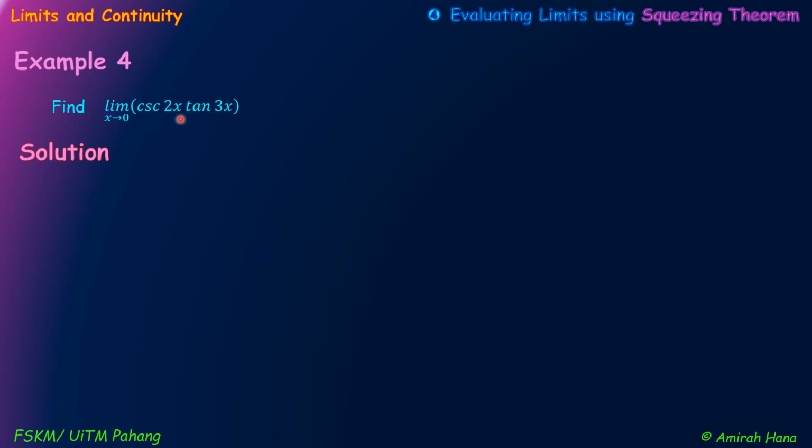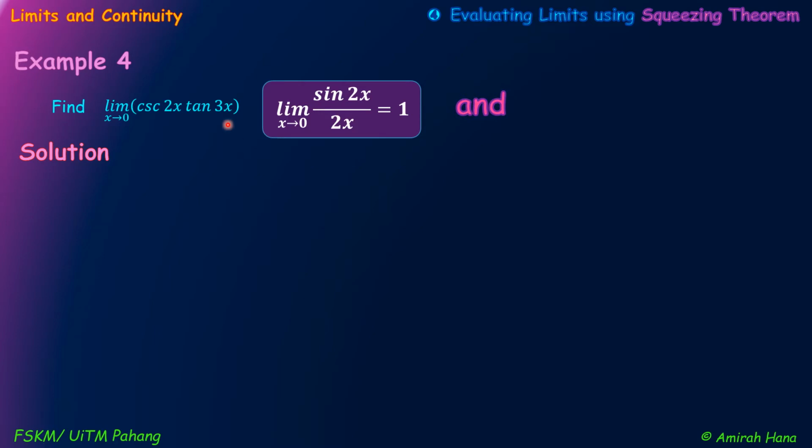So we have the angle of this trigo function equals to 2x. So we need to refer to the squeezing theorem: limit as x approaches 0 of sine 2x over 2x equals 1. And for the second trigo function, we have the angle 3x here. So we need to refer to the squeezing theorem: limit as x approaches 0 of sine 3x over 3x equals 1 under the squeezing theorem.